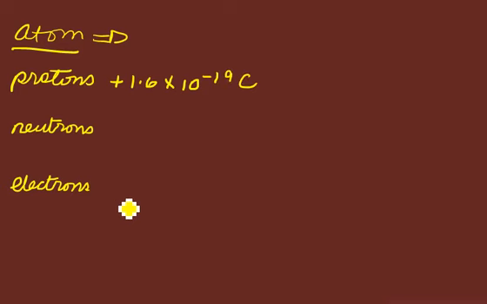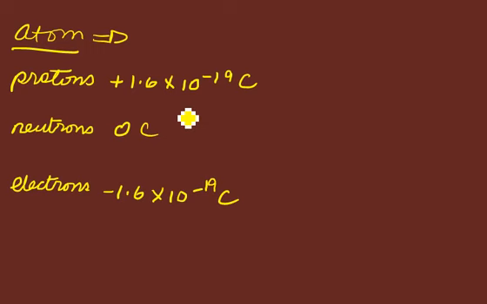Electrons have the exact same charge except that it has the opposite sign. I was going to say direction, but obviously that's not the case. 10 to the negative 19 coulombs, and neutrons have no charge on them, right? So that's the concept of protons, neutrons, and electrons.